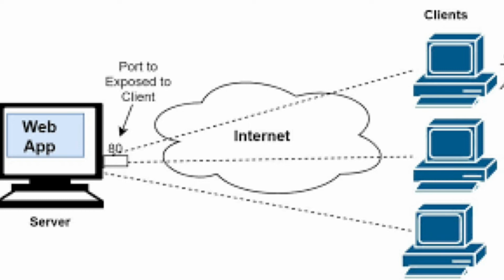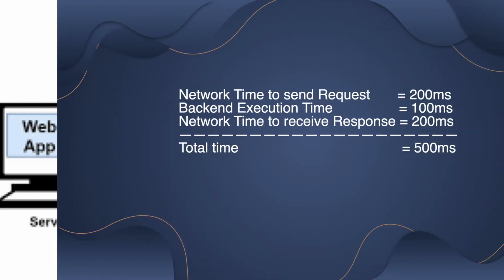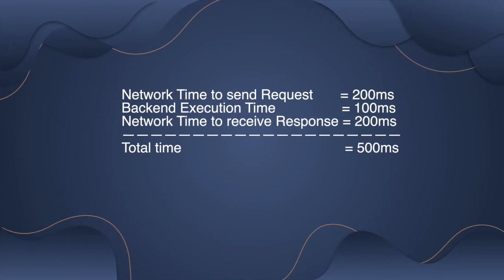So if we see it in combination, network performance is the time taken to send the request, then the backend execution time, and the time taken to receive the response. The combination of all these three is network performance for the client end or for the mobile end.